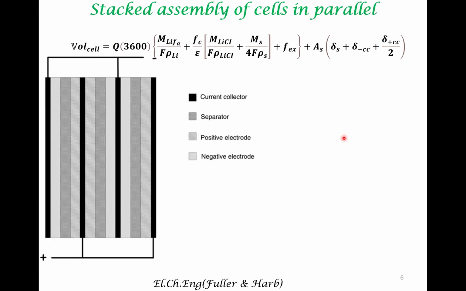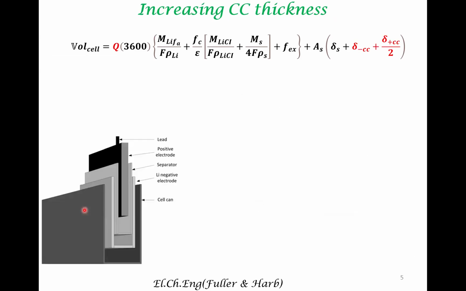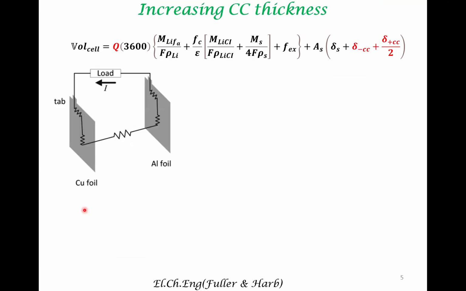There is another option wherein we have cells as a stacked assembly. So instead of just increasing the cross-sectional area, I can have the increase in cross-sectional area in a different manner. Just contrasting: in the previous option, I just increased the cross-sectional area, and there was increased ohmic drop.